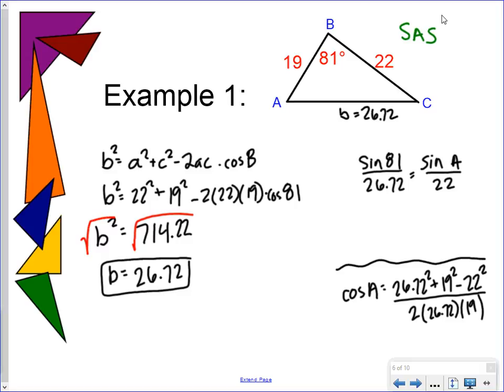You've got choices. If you find that missing side, you could use the law of sines. Either way you solve, you should get the correct answer. If you use your answer button, 26.72, you'll have a more accurate answer. So you want to attempt using that sometimes, so that you can get better at that.